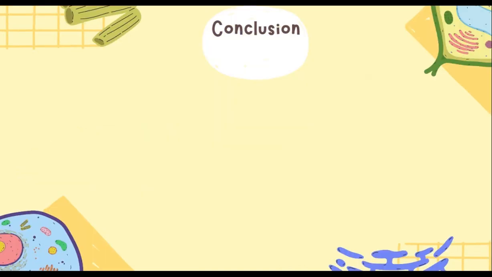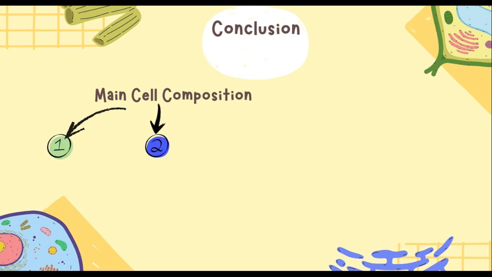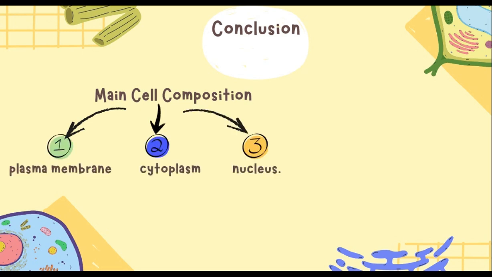The conclusion from today's lesson is there are three main cell compositions. First, plasma membrane, cytoplasm, and nucleus. Cytoplasm consists of cytosol and organelles.